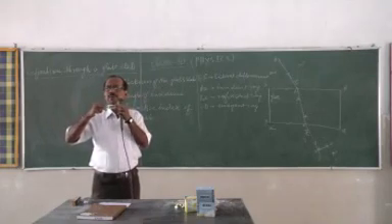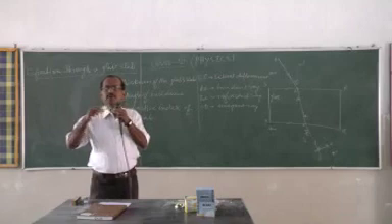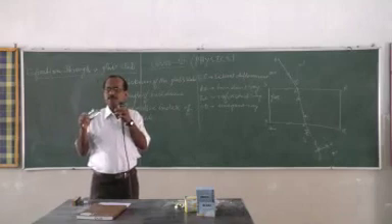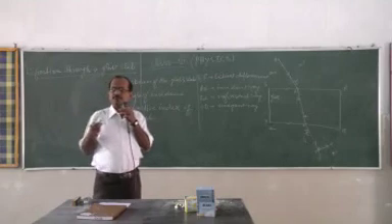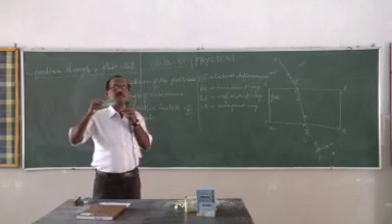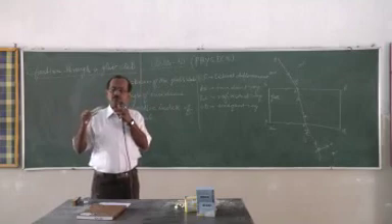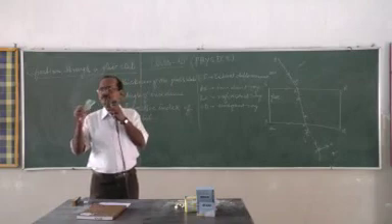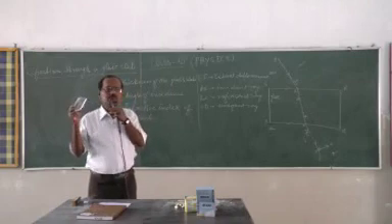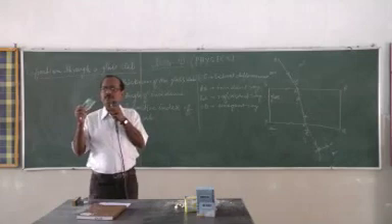So for such a thick mirror, what type of image will form? In the case of a thin mirror, we are having a single image. But in this case, many images will form. One image will be the brightest one, and there are other, very light images along with that.